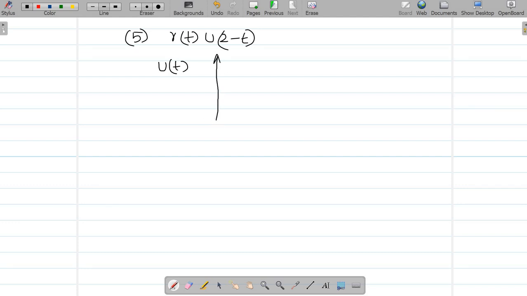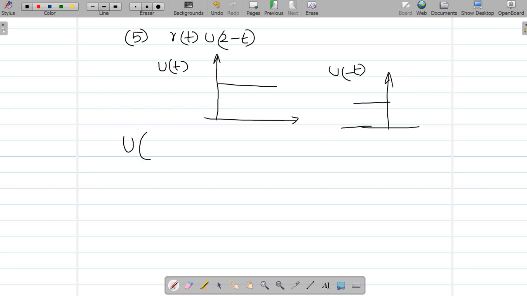So this is u of t, and u of negative t is nothing but this, and u of negative t plus 2, that is, you have to advance it. When you advance this, the signal becomes like this. And you have to multiply this signal with r of t.